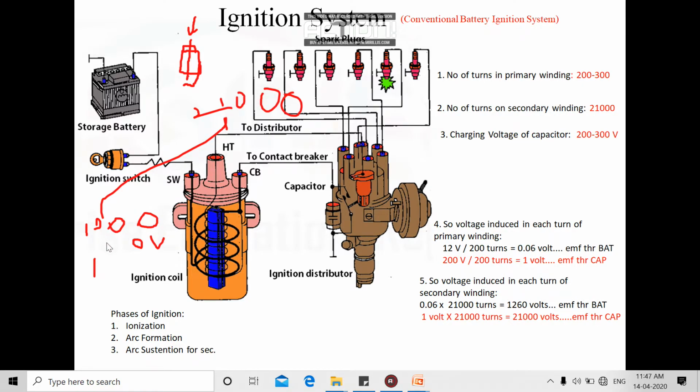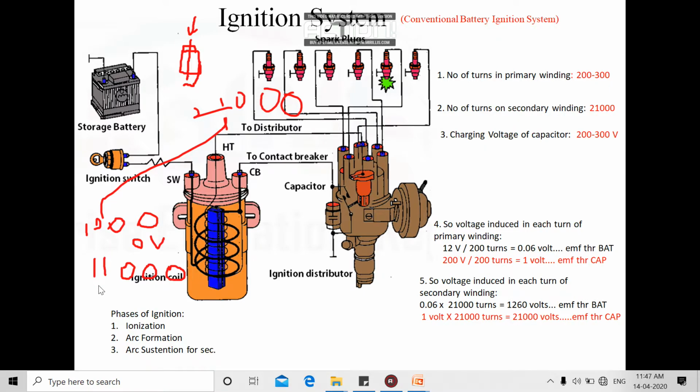Out of 21,000, 10,000 is consumed, so now they make a path for passing the 11,000 across the electrode air gap.